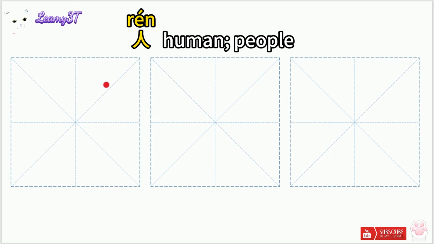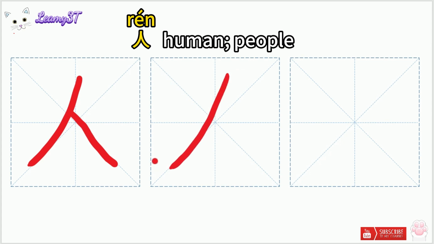We can use the slanted line in the grid to help you find the correct angle. Follow me to say the stroke. 撇捺. One more time. 撇捺. Good. When you write, of course you can write 撇 and 捺 the same long.